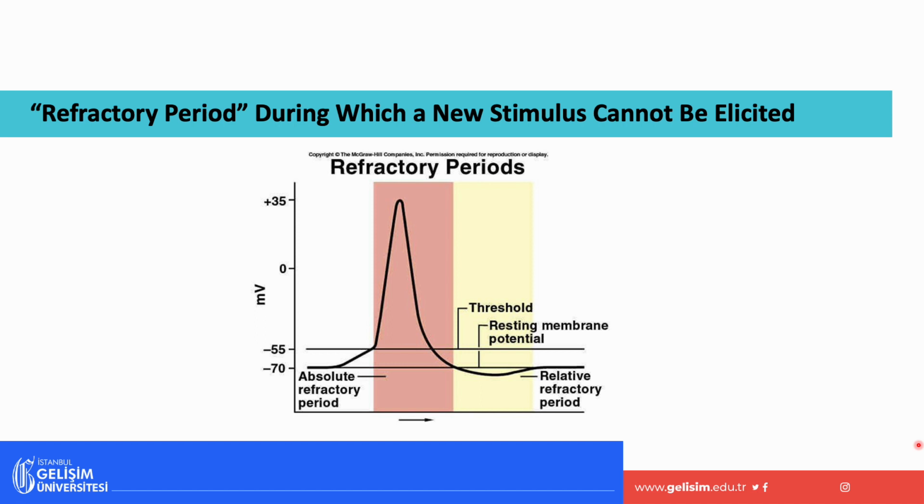And the relative refractory period is the interval of time during which a second action potential can be initiated, but it requires a greater stimulus than was needed before, right? And this is called what? This is the relative refractory period. Okay, this would be over here during this phase.